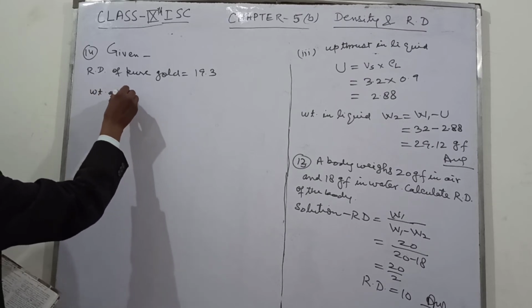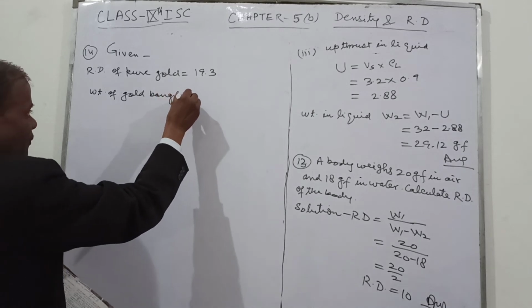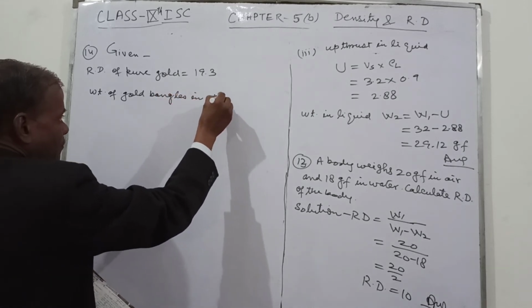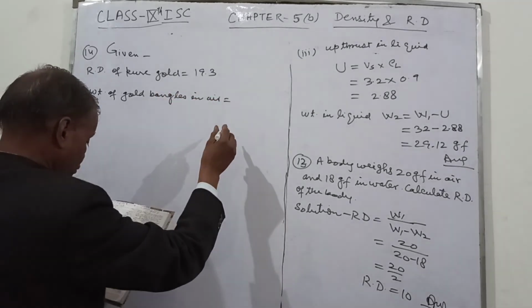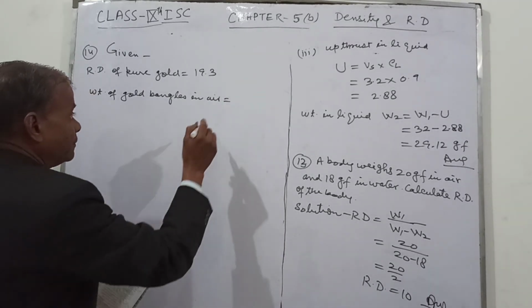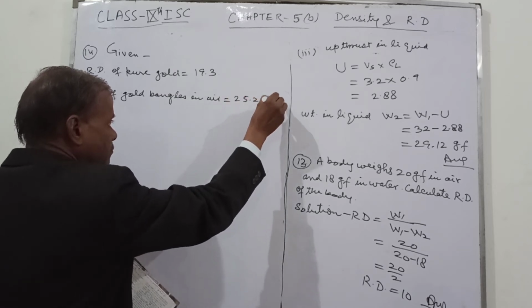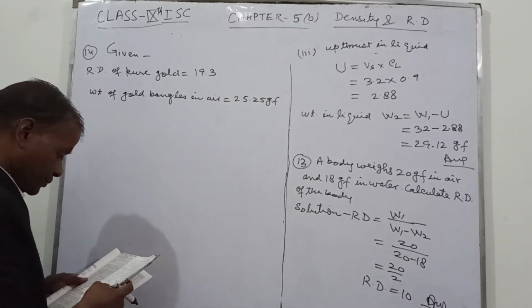Weight of gold bangles in air is equal to 25.25 gram force.